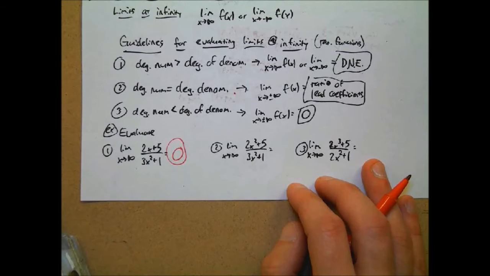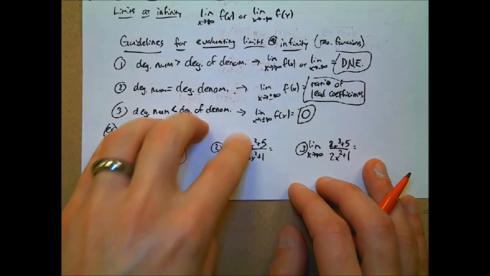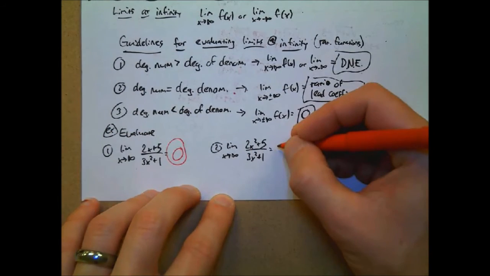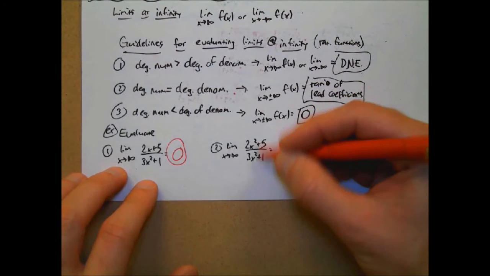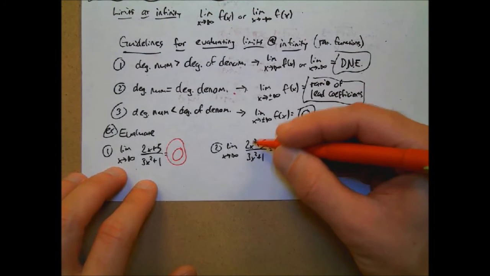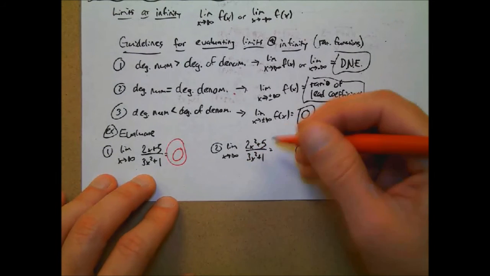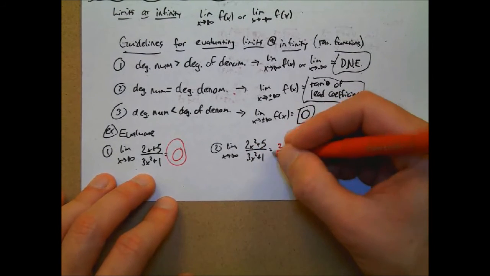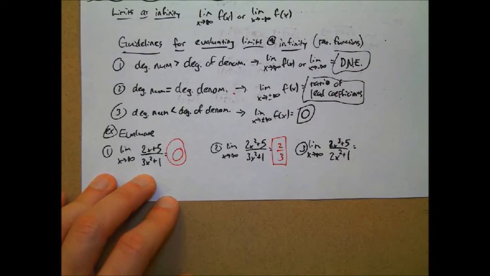And so as they keep growing, they're going to cancel one another out because they're the same and leave you behind with just the 2 and the 3, the 2/3. The plus 5 and the plus 1, they're going to be negligible, right? Because when you're talking about very large numbers, adding 5 or adding 1 to a very large number doesn't really matter. But they'll cancel out, and then we'll be left with just the 2/3 there, the ratio of the lead coefficients. Again, why? Numerator and denominator the same degree, right? So it's just the 2 and the 3 there.